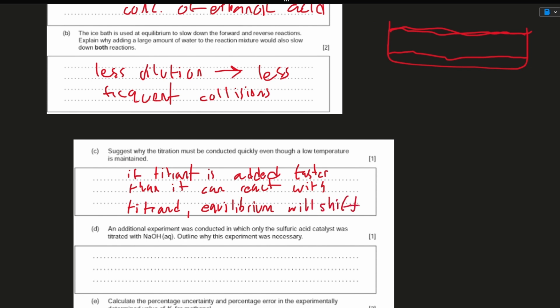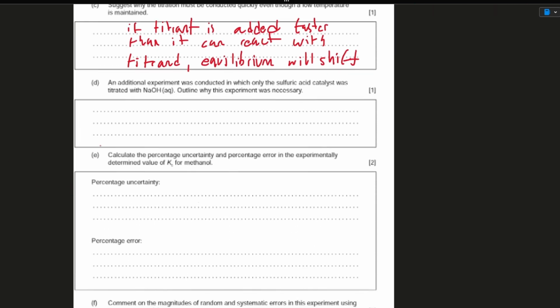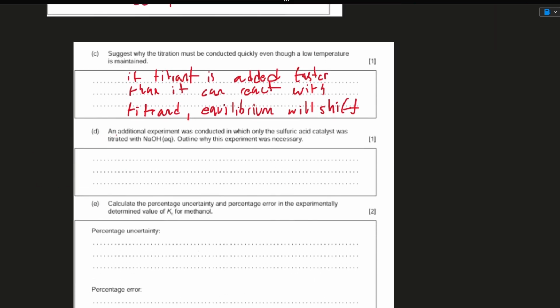It's a pretty self-explanatory reason. Moving on to part D. An additional experiment was conducted in which only the sulfuric acid catalyst was titrated with sodium hydroxide. Outline why this experiment is necessary.